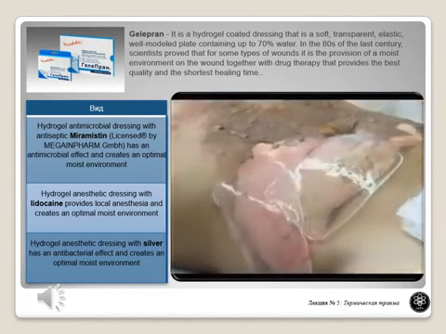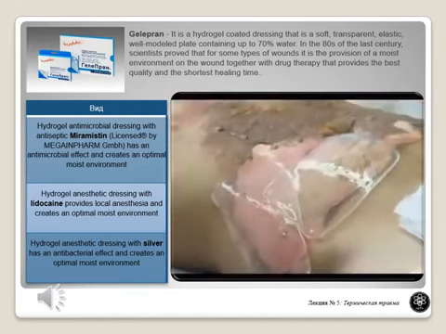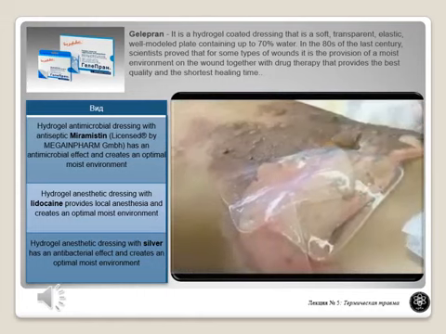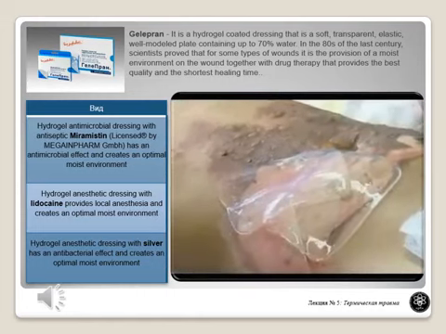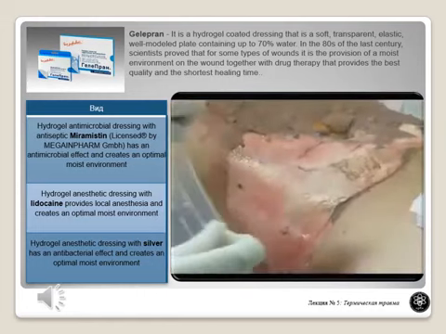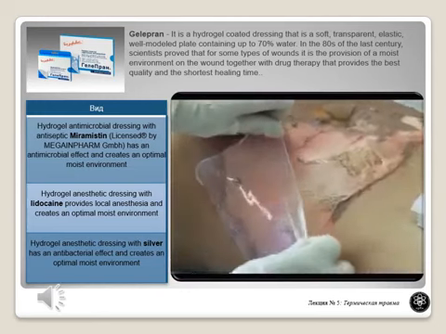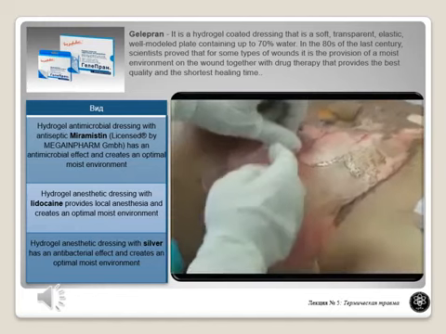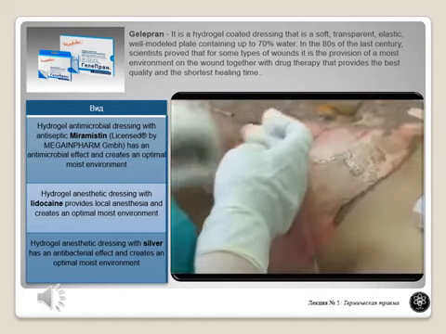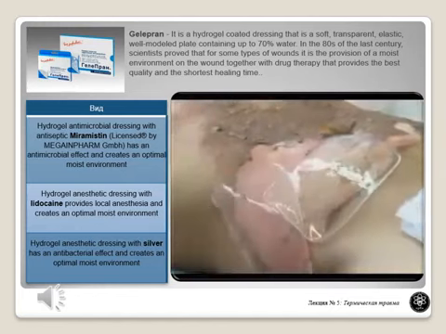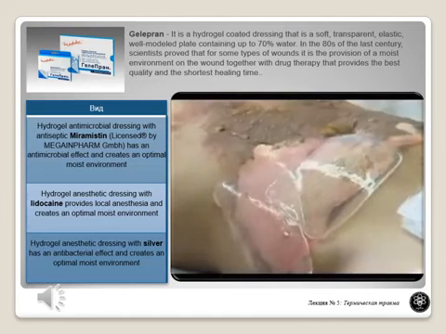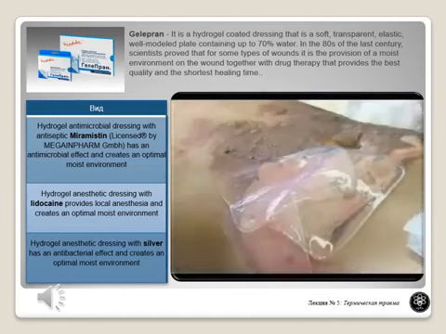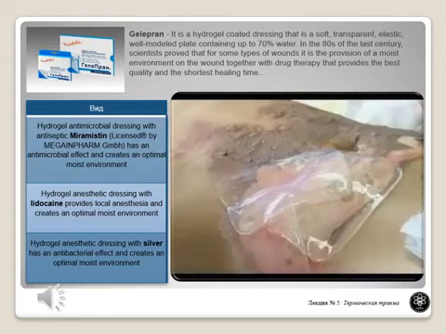This gel stays on the surface of the wound for a long time, according to the instructions for several days, up to a week. It gradually melts, gradually gives off medications, and does not allow the bandage to stick to the wound. Gelipran comes with myramistin, and as a means of anesthesia with lidocaine. There is also an interesting form of Gelipran with silver.